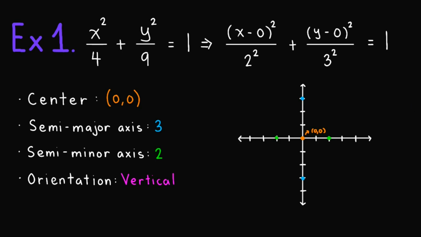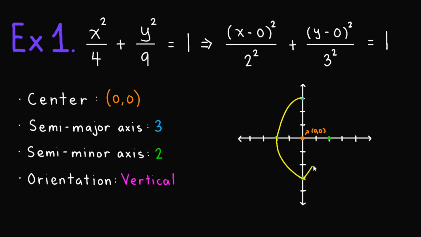And from here, what we do is we just connect these 4 points. But keep in mind that it should look like an ellipse, so you can't just create a line out here to connect these points. So that is wrong. Again, keep in mind that we have an ellipse. If we would connect these 4 points, it would look something like this one and this one.